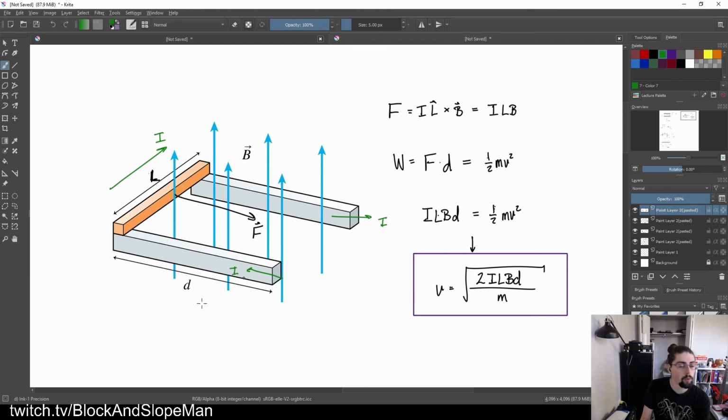So the rails would want to push each other apart, but if you look at actual configurations of railguns, this is all in a tight casing together. You usually have your projectile sitting in the middle between these two, and it's connected. You turn on the power and it launches out, but you have a thick casing around the rails to make sure the rails don't fly apart, and you also have the projectile in between the rails so that when it's actually flying, even though it's going to experience a force going to the side, it stays on track.